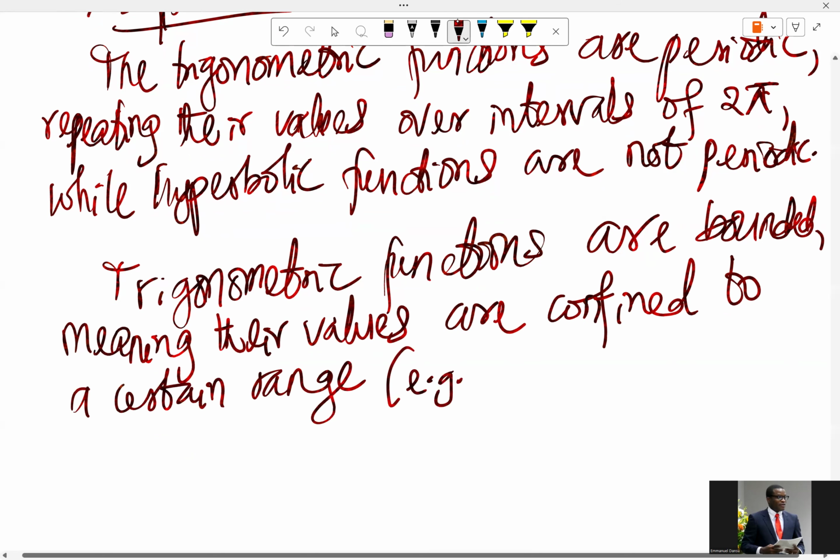E.g., you see that, of course, I'm going to show the graph again. -1 is less than or equal to sine x, less than or equal to 1. That simply means that sine x is always bounded between -1 and 1, as we're going to see in the graph very soon.